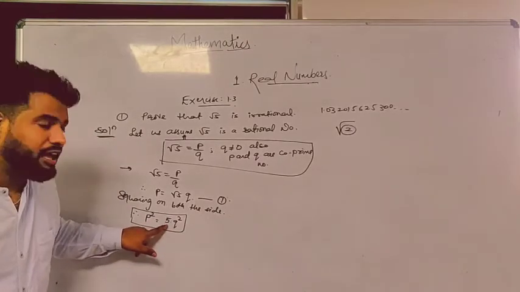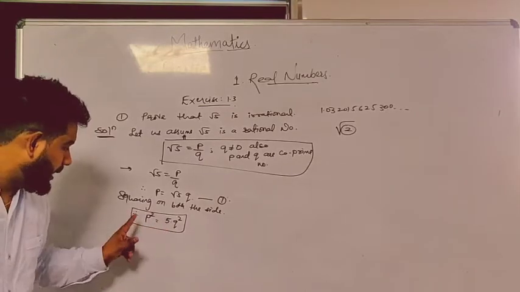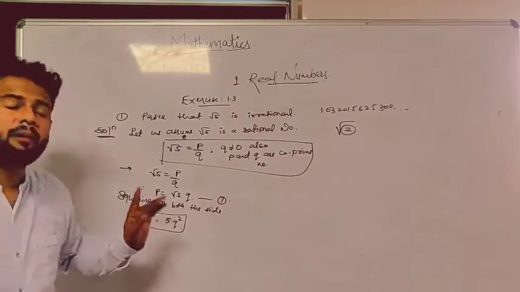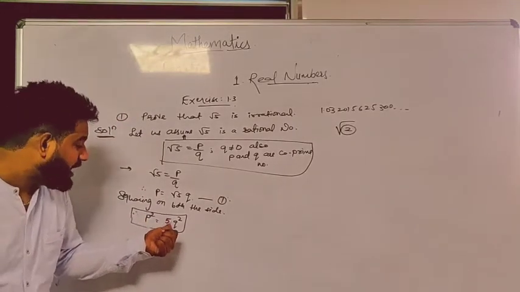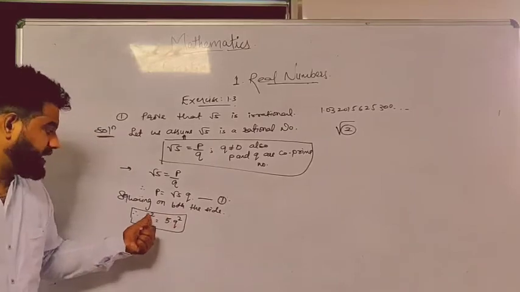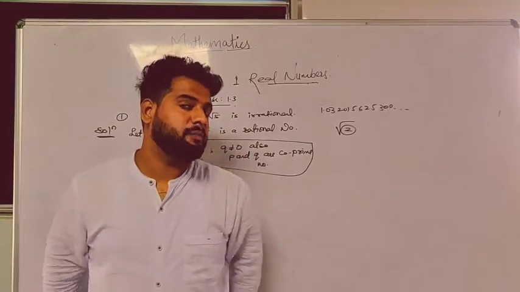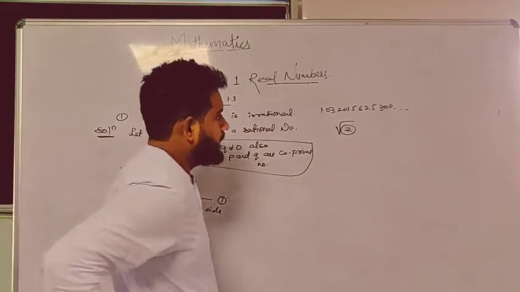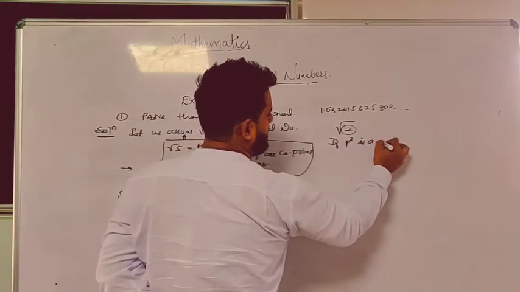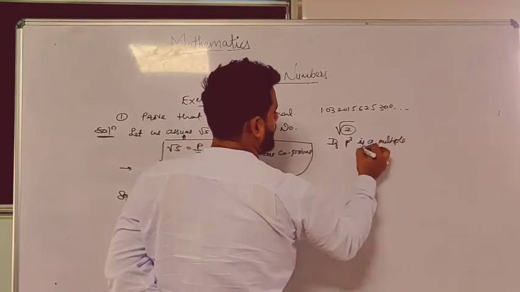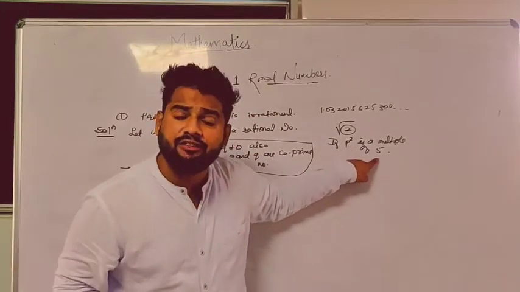Like p square can be 5, it can be 10, it can be 100, it can be 50. Meaning to say that p square is going to be a multiple of 5, because the answer of p square is equal to 5 into something. So p square is a multiple of 5. If p square is a multiple of 5, so can you divide this p square by 5?